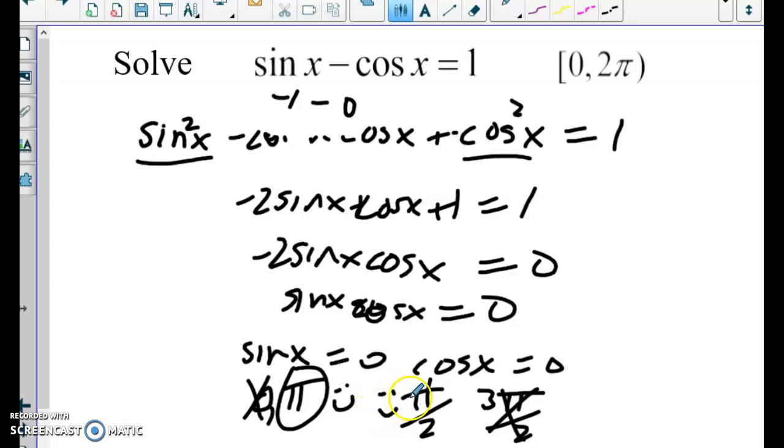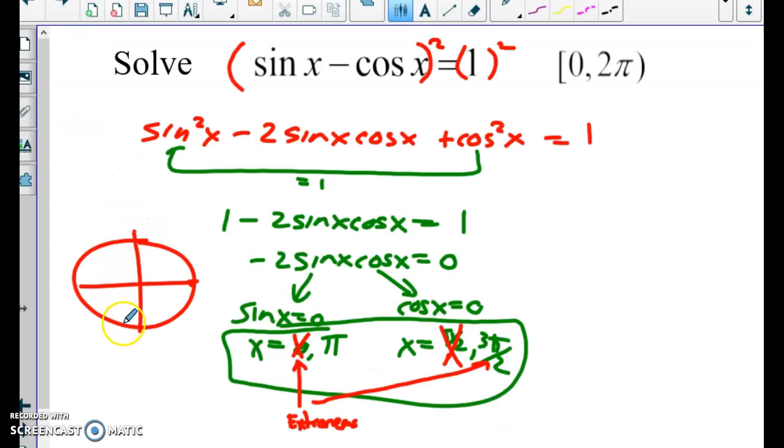So again, we did get extraneous roots on half of them, and we got 2 that worked at pi and pi over 2. But the moral of the story is one way to find these answers is to square both sides and simplify. Hey, I bet you they got the same answers. Extraneous roots, extraneous roots.